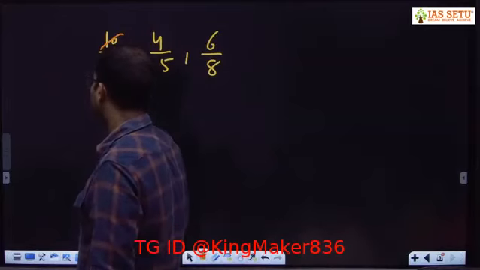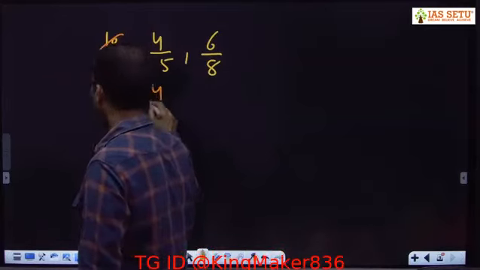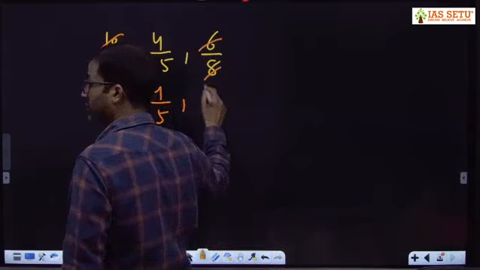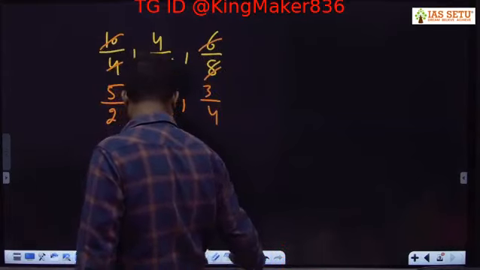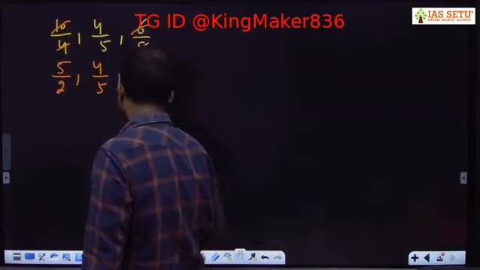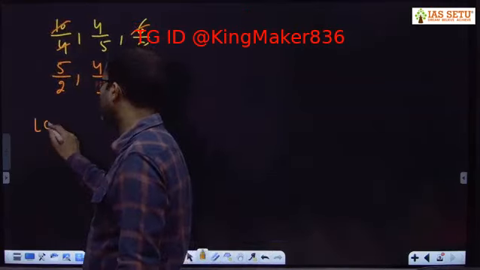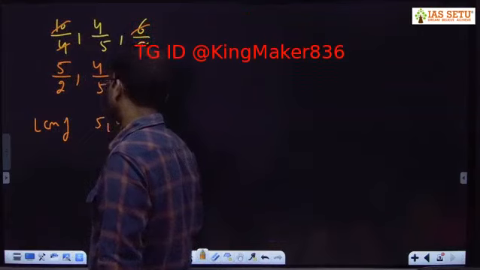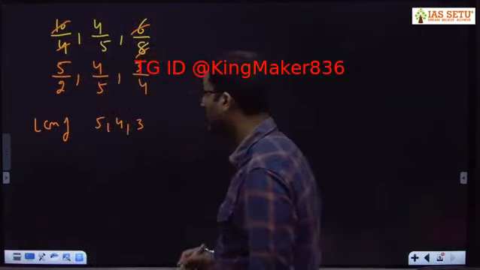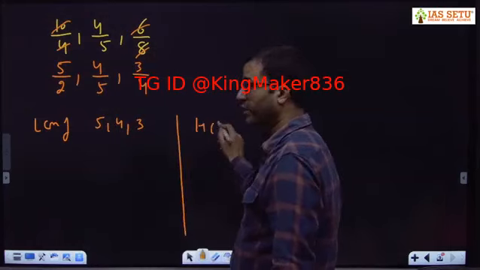So here we simplify: 5 by 2, 4 by 5, 3 by 4. Then the next step, we will find the LCM of the numerator and the HCF of the denominator.